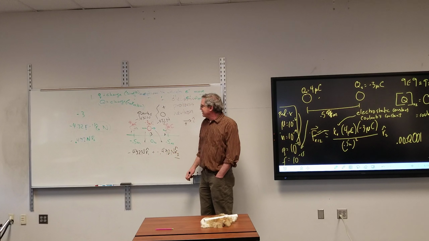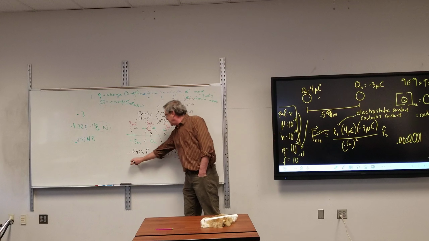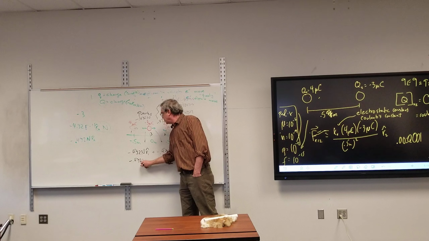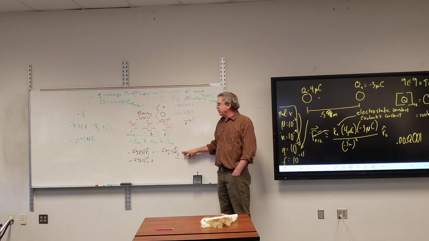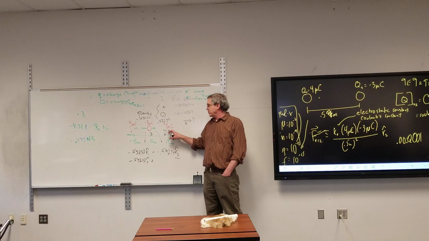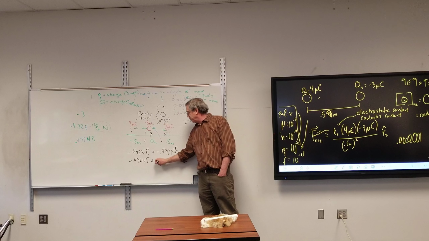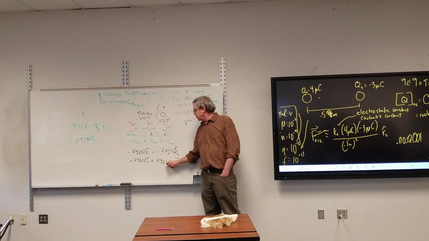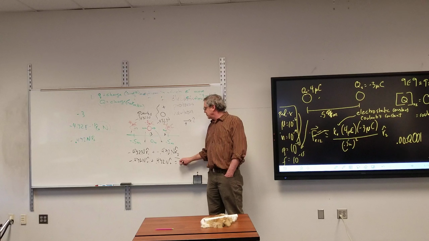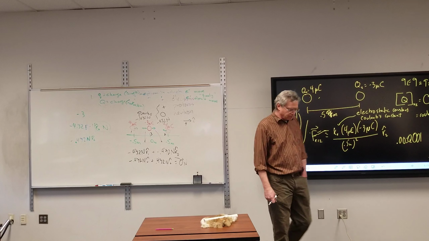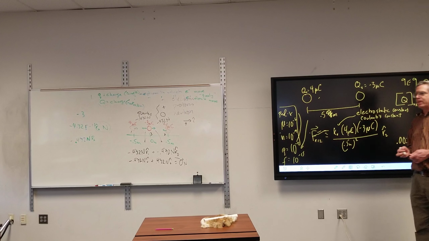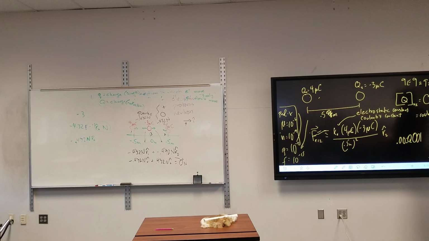Negative R1 hat is that direction, so this would be negative 0.432 newtons I hat, plus negative R2 hat, well, that means towards charge 2, which is that way, so that becomes positive 0.432 newtons I hat, which is 0. There's a lot of stuff that we're gonna do where we'll think through it as opposed to playing strict adherence.